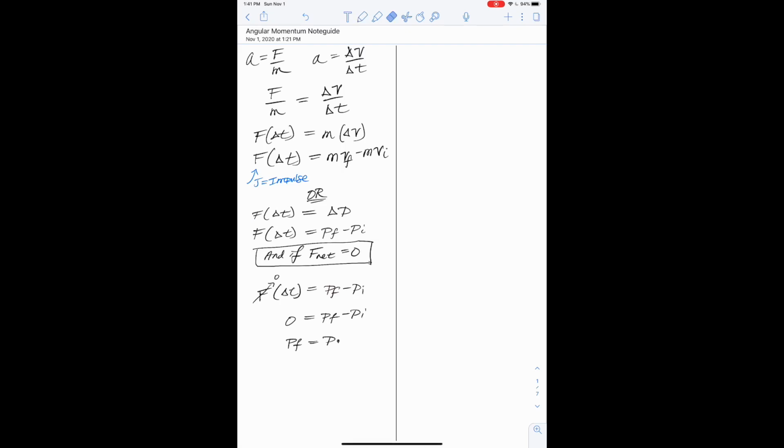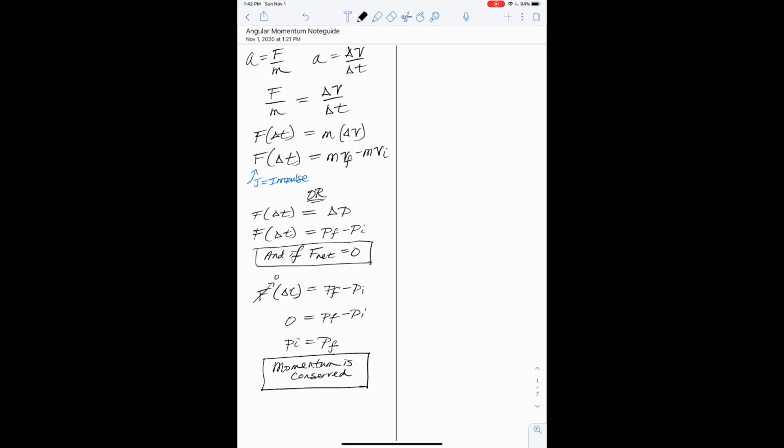I'm going to rewrite it. Pi equals Pf. So momentum is conserved. Once again, that's when there's no external forces.